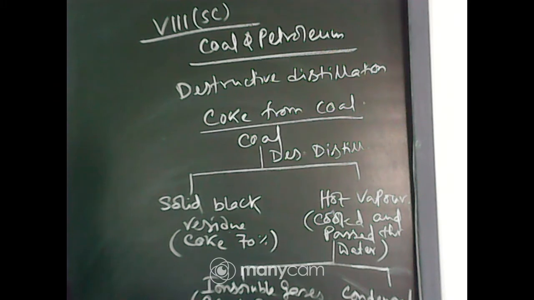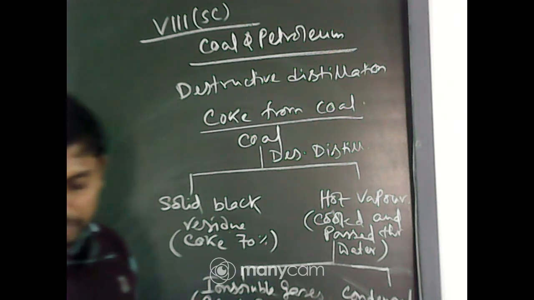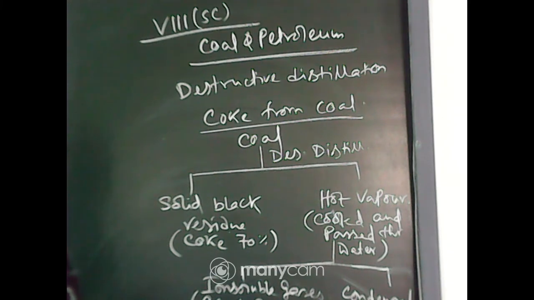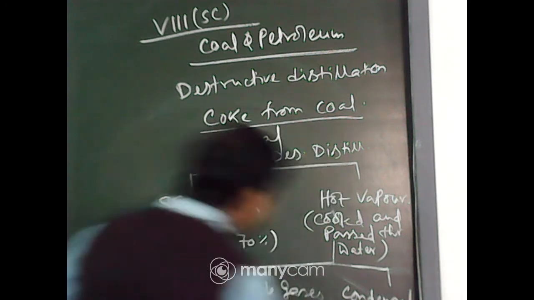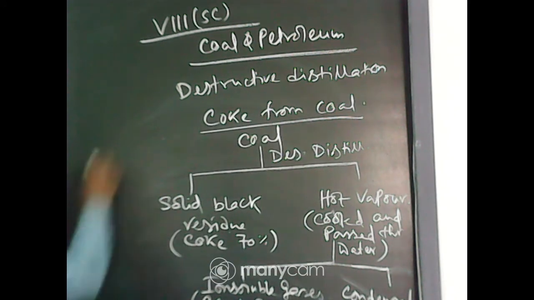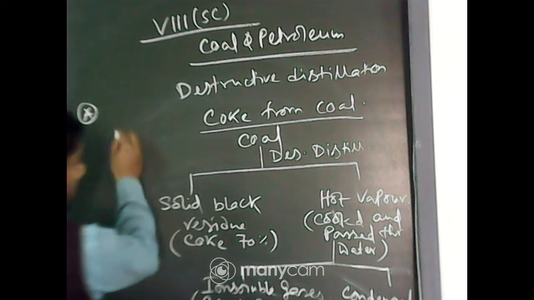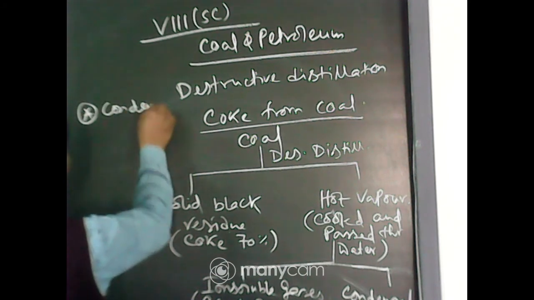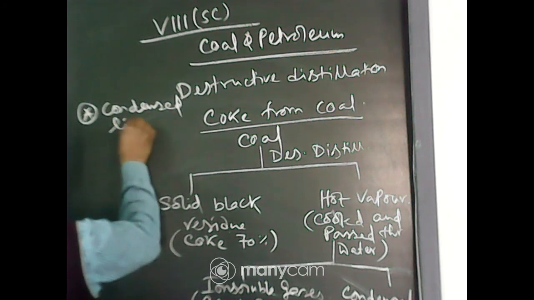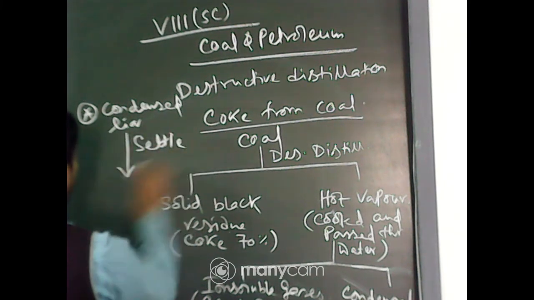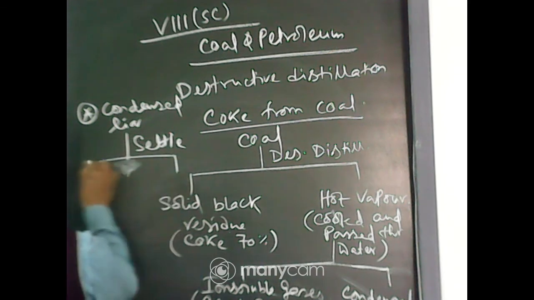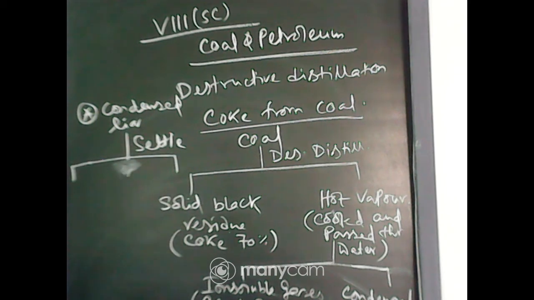Okay. Now this condensed liquid, if we allow it to settle, then it produces two parts. This condensed liquid, I am giving one asterisk and writing here. When it settles, it produces two parts. One part is called liquor ammonia, the upper layer.